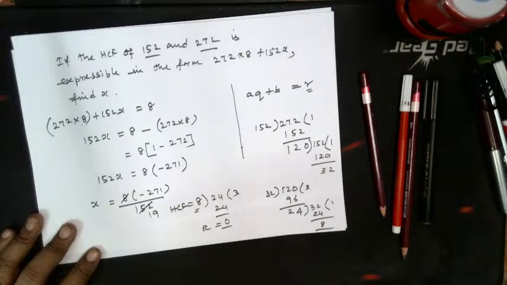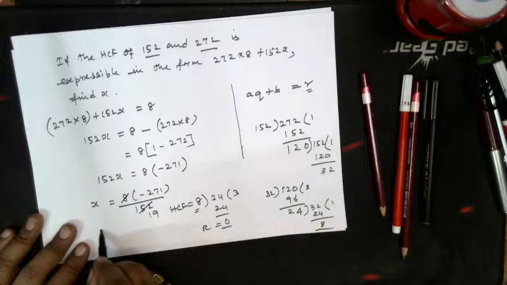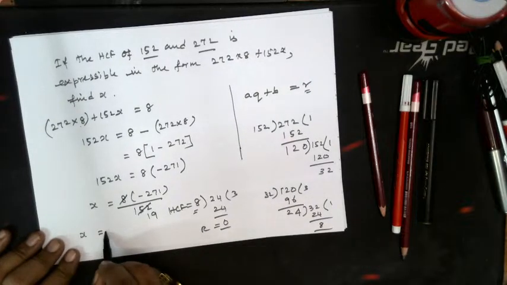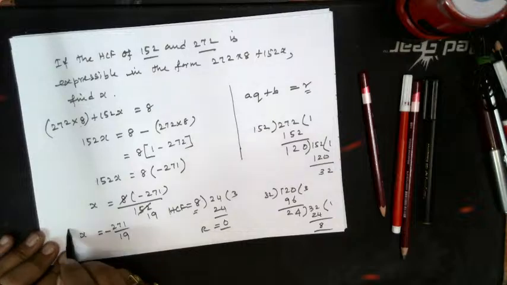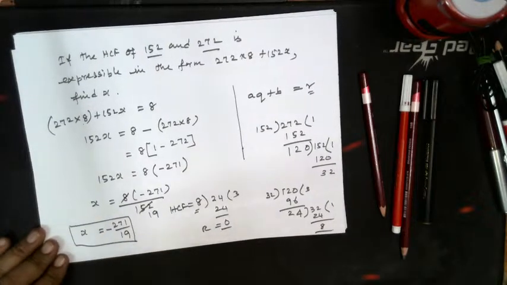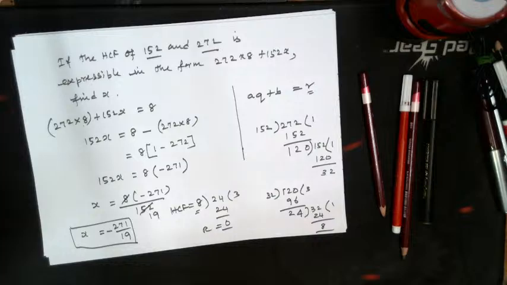Are you able to follow? Therefore you can declare this as x is equal to minus 271 divided by 19. So this is another tricky problem. This has been asked in one of the board examinations.